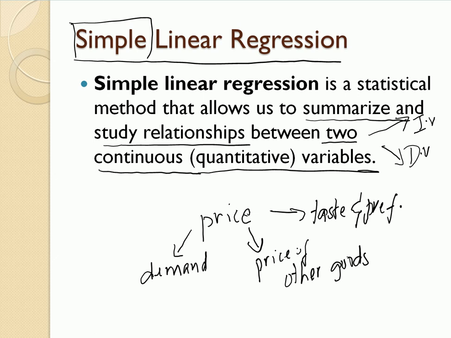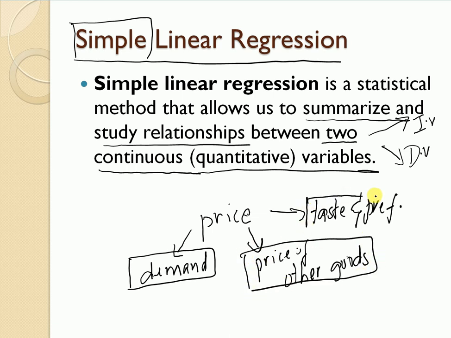So in this example, we have three independent variables, which are demand, the price of other goods, and taste and preferences.